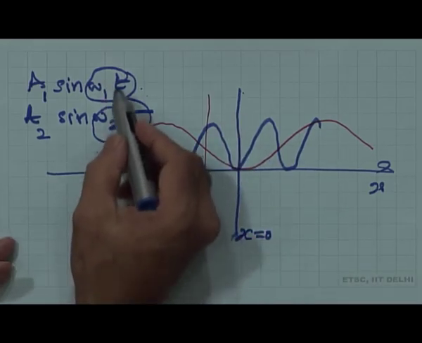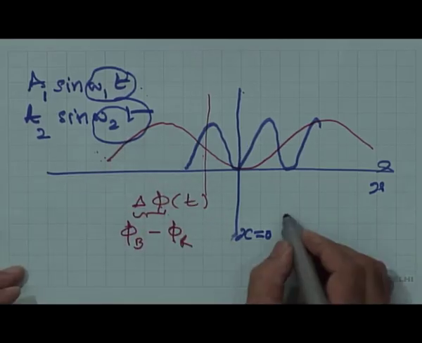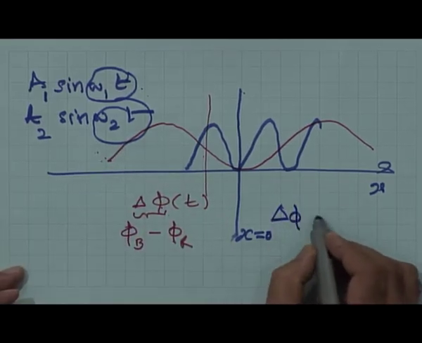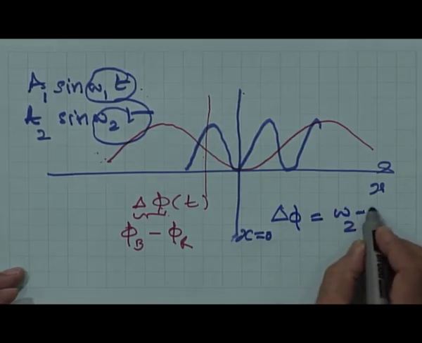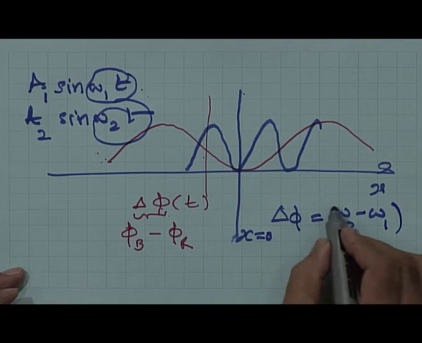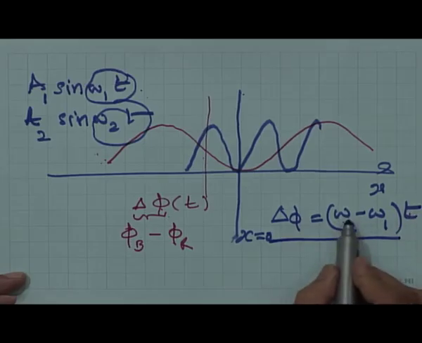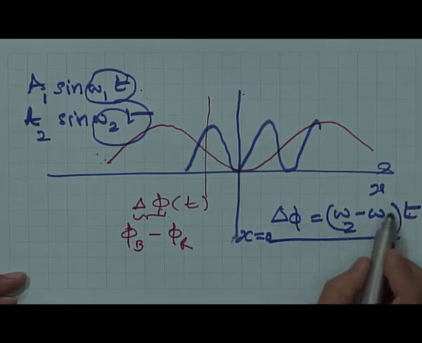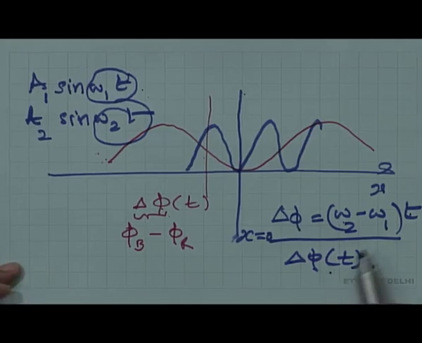And what is the phase difference between them, the delta phi? The delta phi will be equal to omega 2 t minus omega 1 t, or omega 2 minus omega 1 into t. So, this will be continuously varying with time. We can see that delta phi is a function of time and it is varying very rapidly.